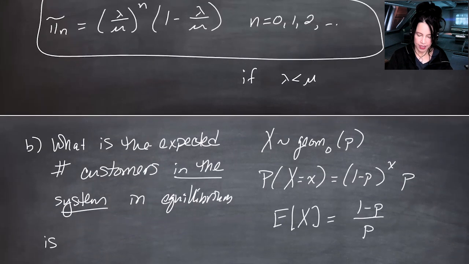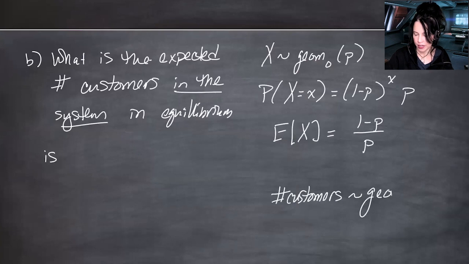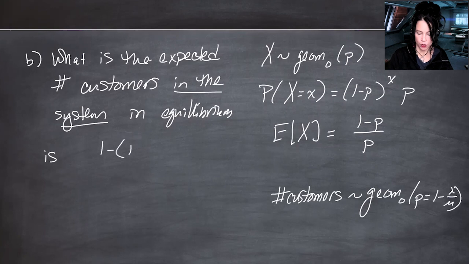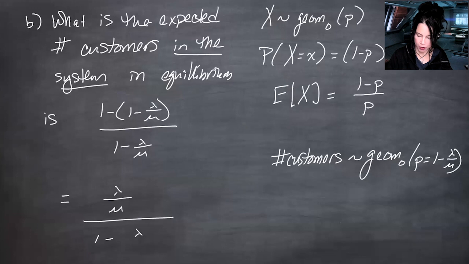Oh yeah, I should have said here that the number of customers in this equilibrium is the geometric starting from 0, and p is actually 1 minus lambda over mu. So the expected value is (1 minus lambda over mu) over (lambda over mu), which is lambda over mu over 1 minus lambda over mu.